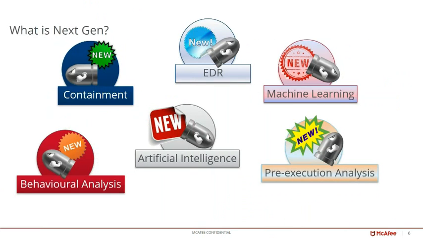Now, when we talk about next-gen security, it tends to mean a lot of different things to a lot of different people. And frankly, as an industry, we have lots and lots of new players in this space, and many of them are shouting very loudly that next-gen security equals one thing or it equals another thing.